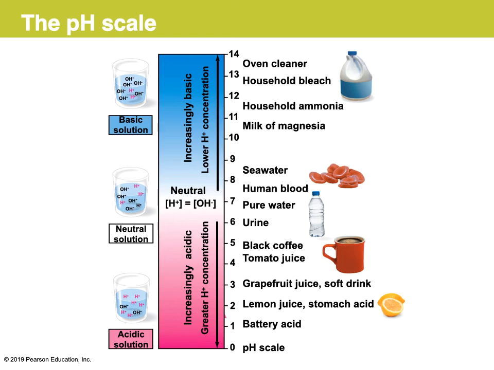So from 7 to 6 is going to be a tenfold increase in the hydrogen ion concentration. 7 to 5 is going to be 10 to the 6, 10 to the 5, 100 times higher concentration of hydrogen ions. So when you see these changes in pH, each one of those numbers represents a big change.